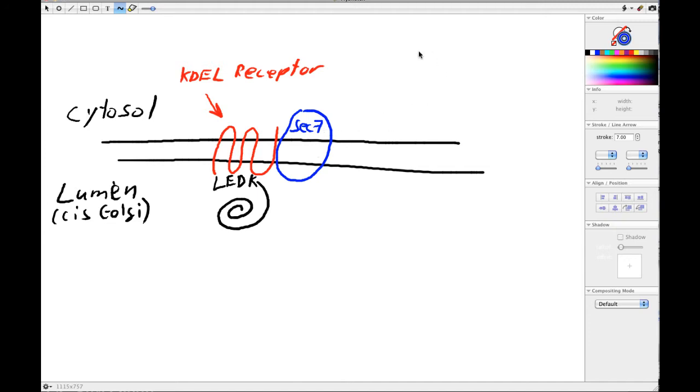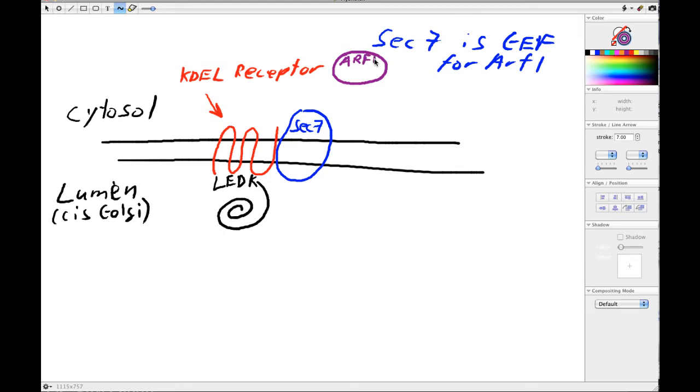Now, I said that SEC7 is a GEF for ARF1. So what happens is ARF1 comes in. We have ARF1 in the GDP bound form, right? So essentially for all small GTPases, this is the off state.